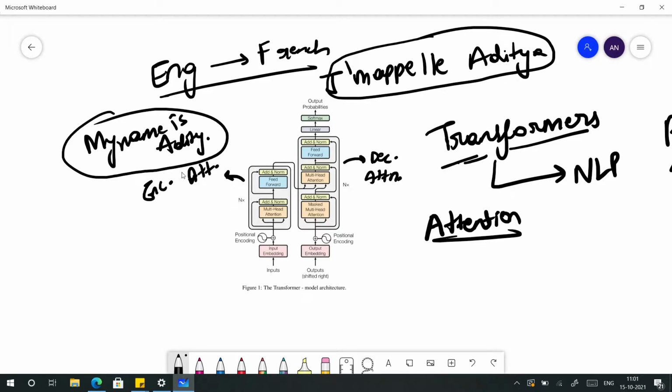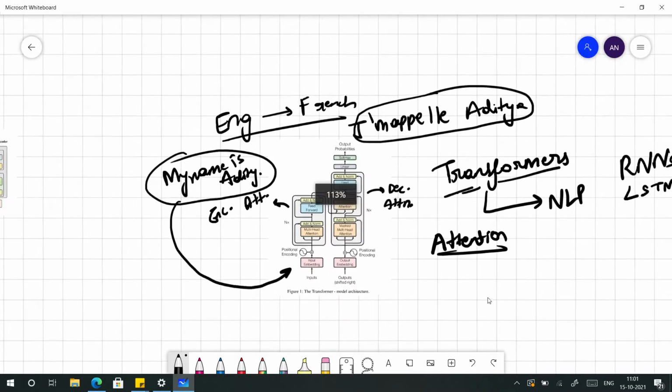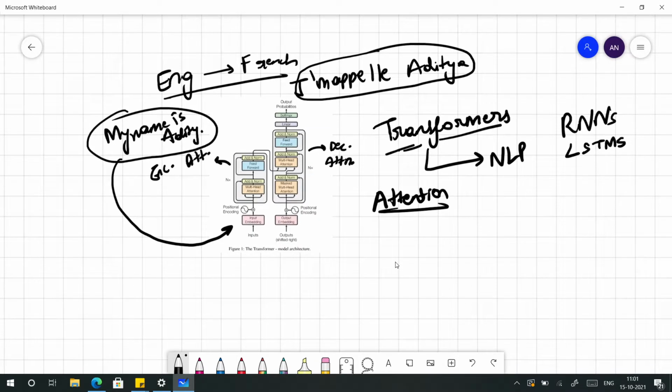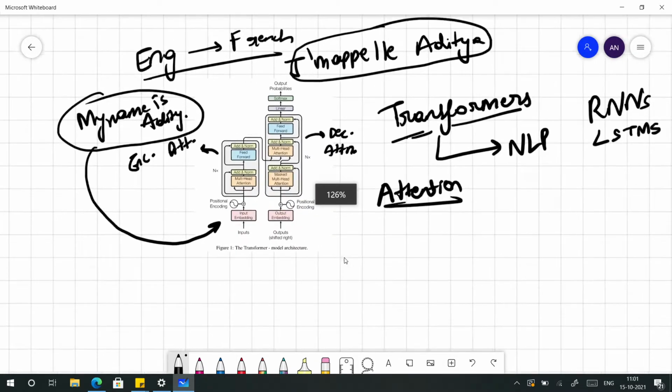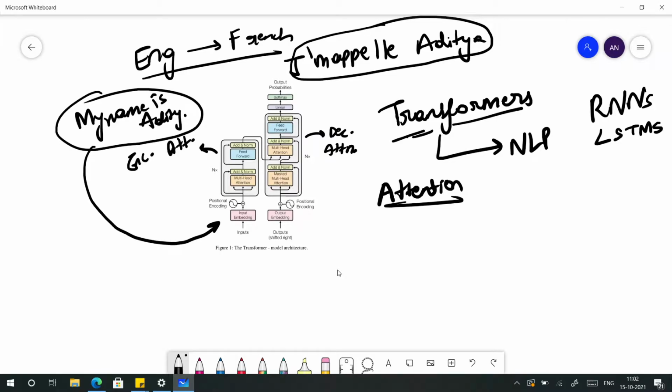I'm going to feed this input here, and it's a sequential task. The input should be given in sequence for a transformer. As an input embedding, I'm going to embed each word of this sentence with some number, let's say 0, 1, 2, 3.